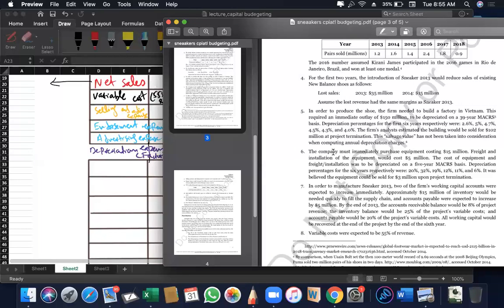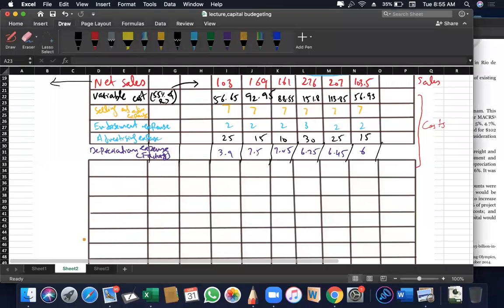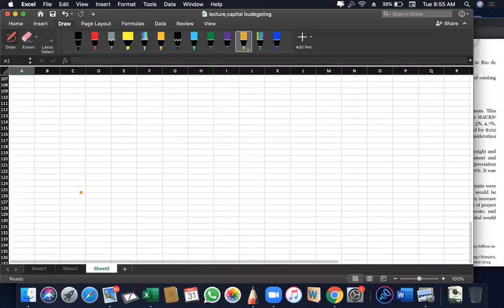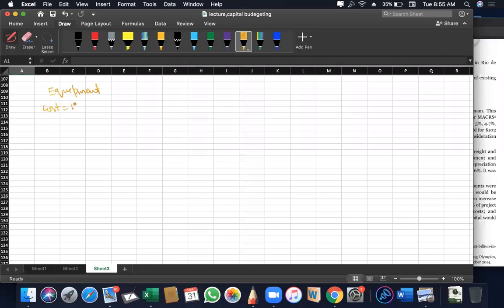So here it is equipment. Now we have to repeat the same process for the equipment. The cost is 15 plus 5. The total cost is 20 million.